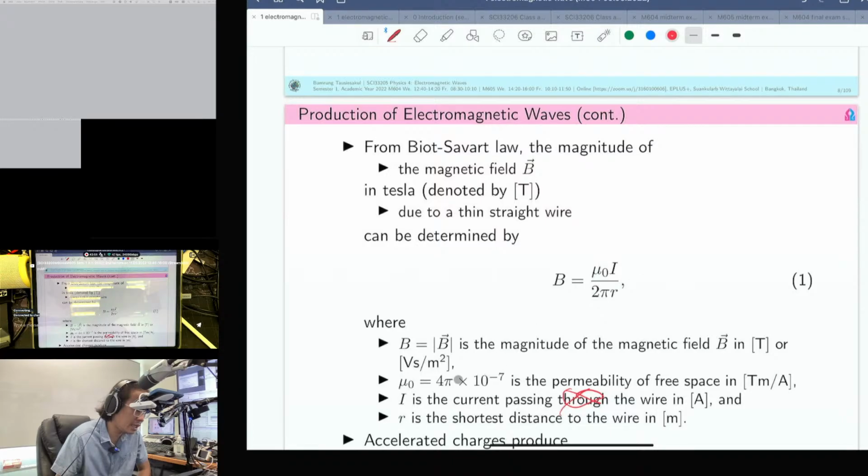Mu zero is actually, this formula is derived from something more complicated than this. It requires calculus, the integration. But for us, it is assumed that at the moment you don't have enough background in calculus, so they just provide only the algebraic expression of the magnetic field. But some of you may have already read some stuff in advance, and they show their knowledge, or your elder classmates in the last year.